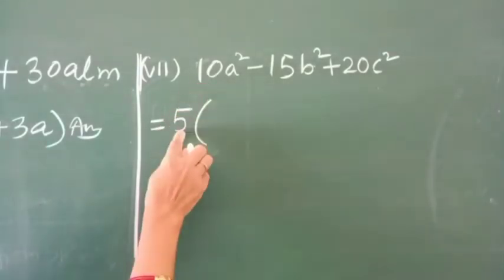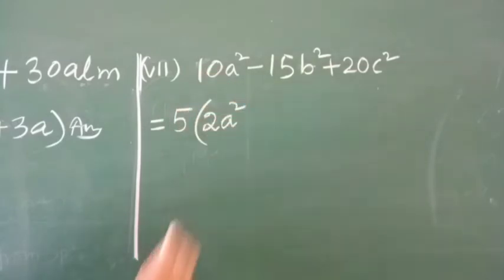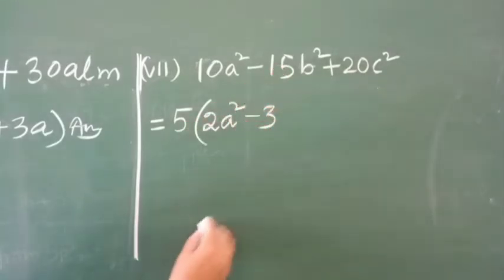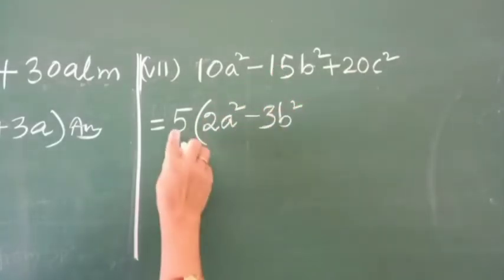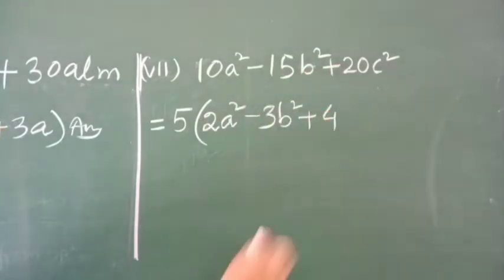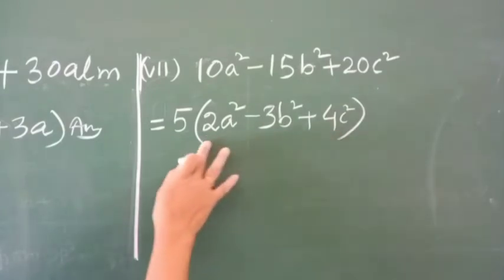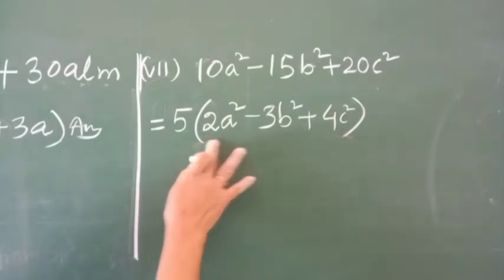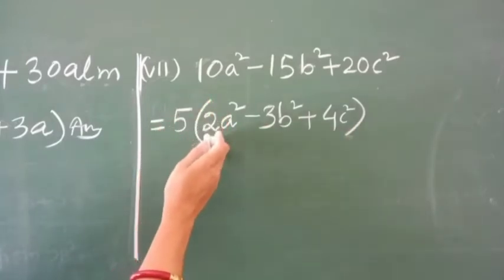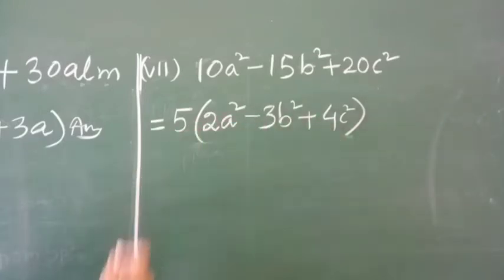Now here 5 I have taken, so 5 2s are 10, 2a square, minus 5 3s are 15, b square, and plus 5 4s are 20, c square. Now see, inside the bracket whatever you are writing, you can't take any numerical value or any variable outside as a common number.